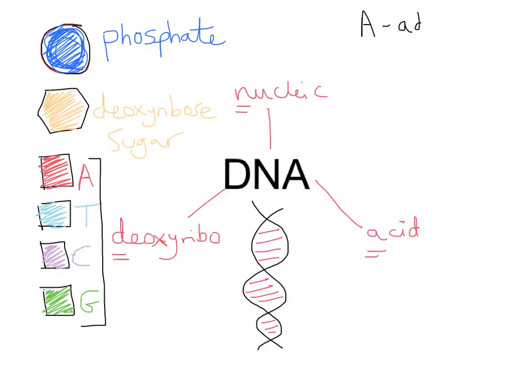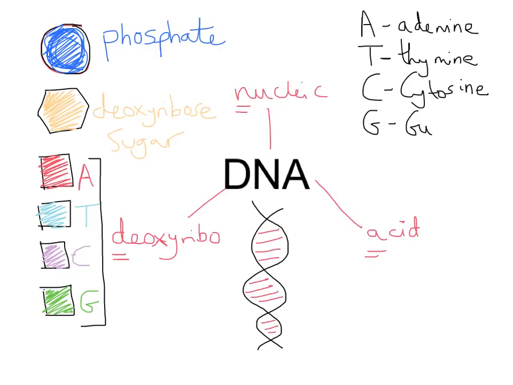A stands for adenine, and they're called the bases. They're nitrogenous bases. They contain nitrogen. The T is for thymine, the C for cytosine, and at this level you would be expected to know what the letters represent. At key stage 4 you wouldn't. And the G represents guanine. Now they are four organic bases. The A and the G are double ring bases.